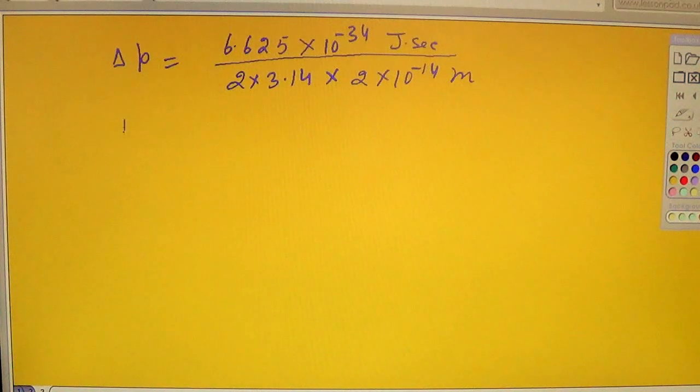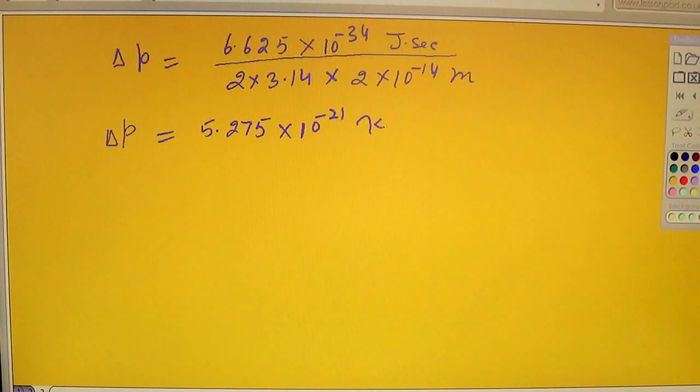After the calculation, the result comes approximately 5.275 into 10 raised to the power minus 21 kilogram meter per second. So this is the uncertainty in the momentum.